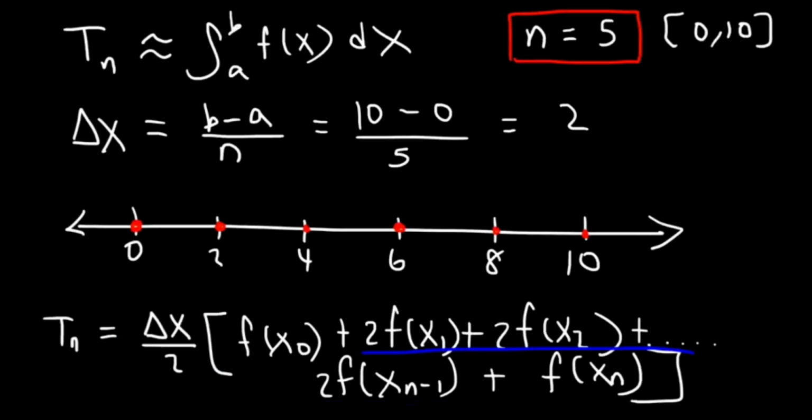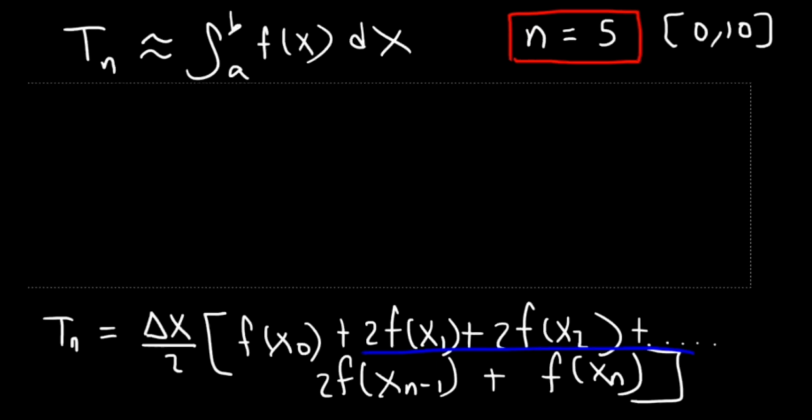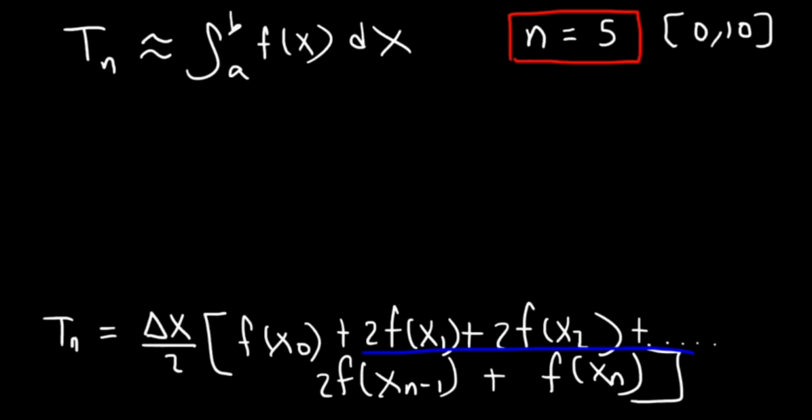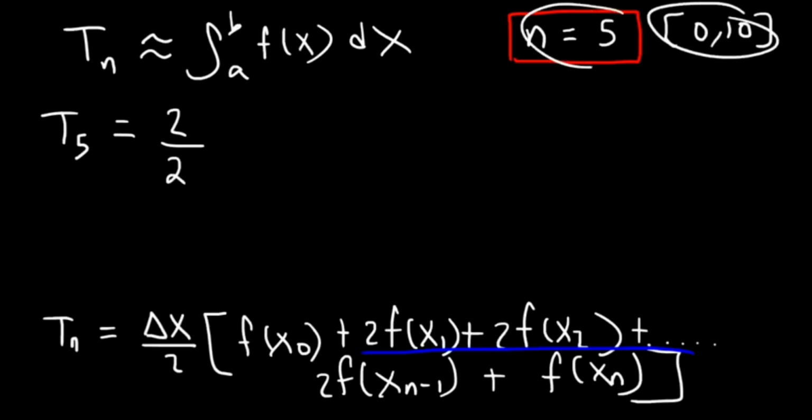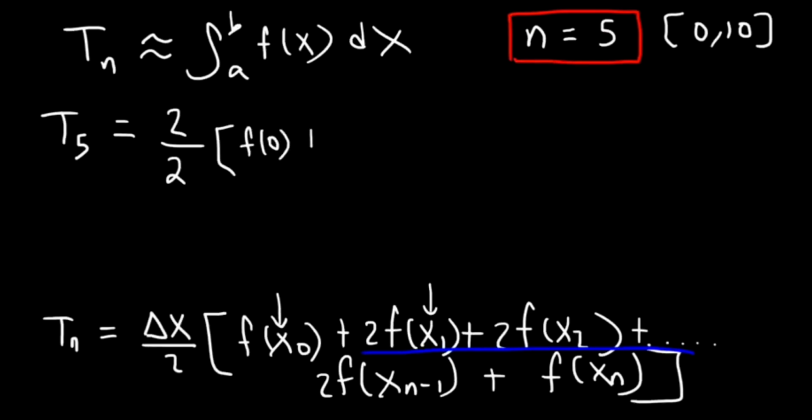Now let's finish this example to T sub n where n is 5. We are going to have T sub 5 equal to delta x over 2, and in this example delta x we said was 10 minus 0 divided by 5. Now x0 and x1, those are the points that we had on the number line.